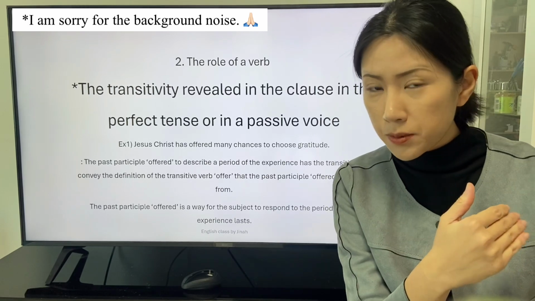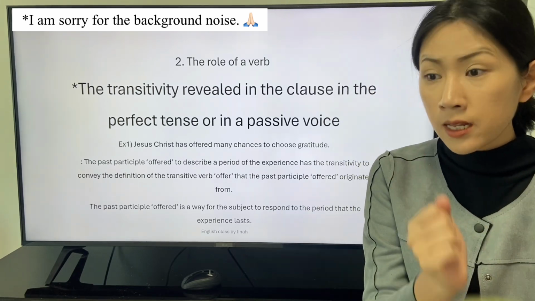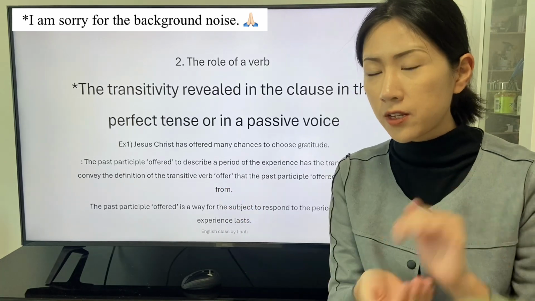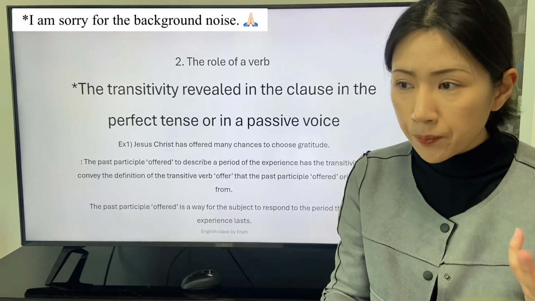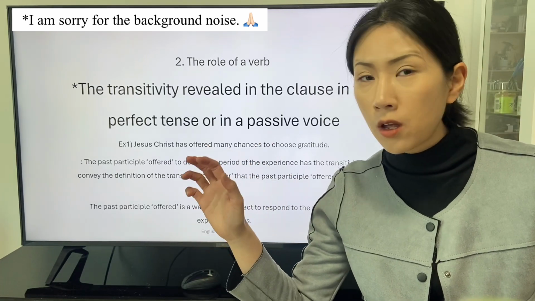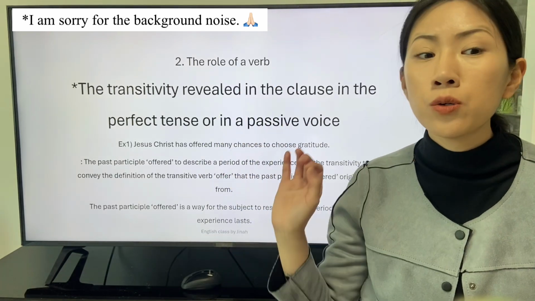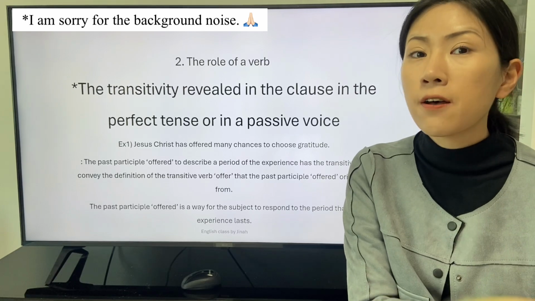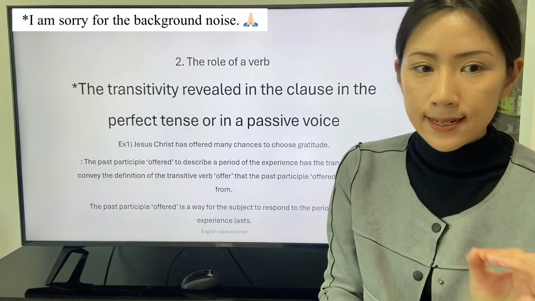how the subject responds to the period, and the transitivity of the definition of the verb offer remains to give the definition of the verb offer to the object indicated by the phrase of many chances.